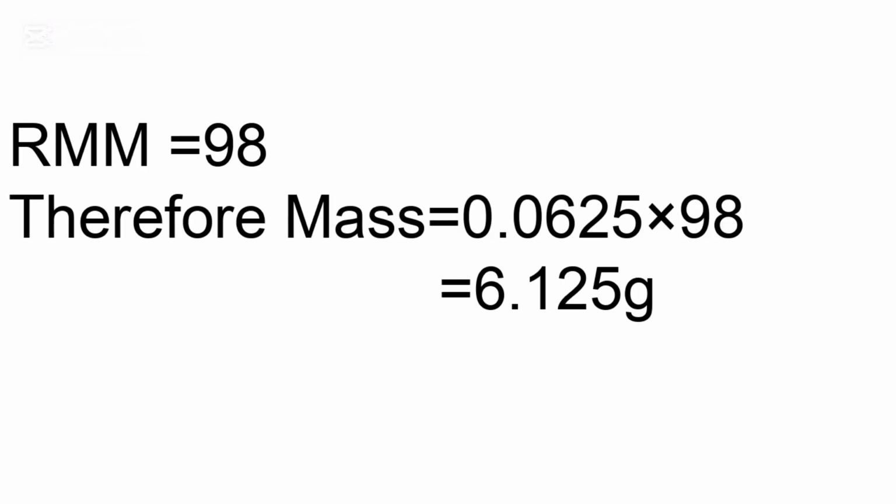So with the RMM equal to 98, we shall say our mass is equal to the number of moles multiplied by the RMM. So 0.0625 moles multiplied by 98, which gives us 6.125 grams. So the mass of sulfuric acid in 250 centimeters cubed of the solution will be equal to 6.125 grams.